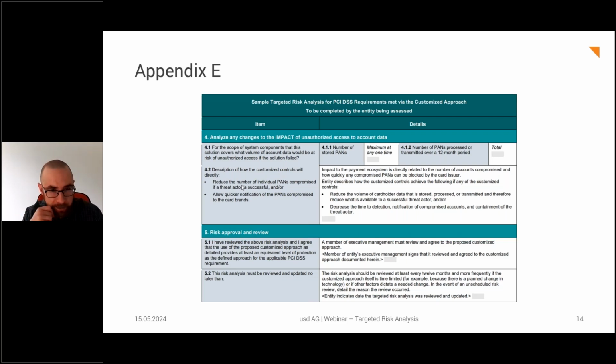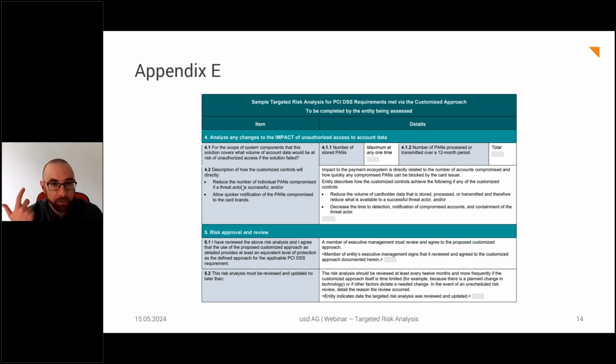In the last part here, we have the approval and review. So each targeted risk analysis in this way should be approved by executive management. Additionally, there should be, as I mentioned already, a kind of update cycle.